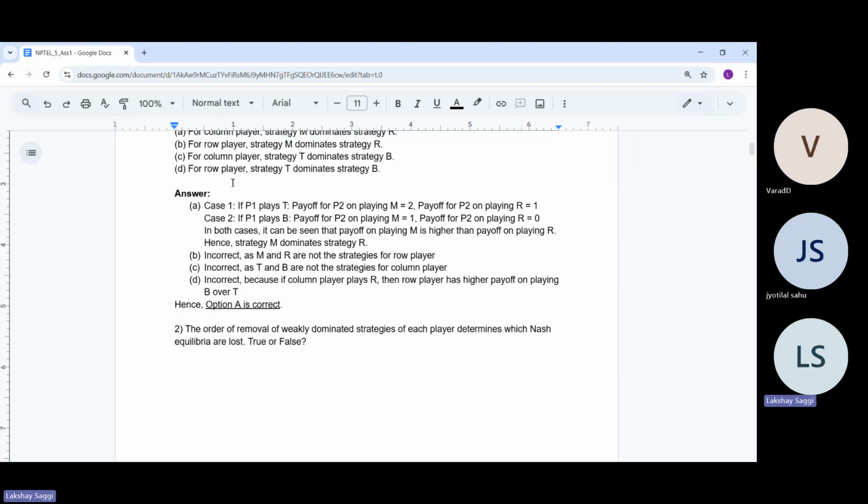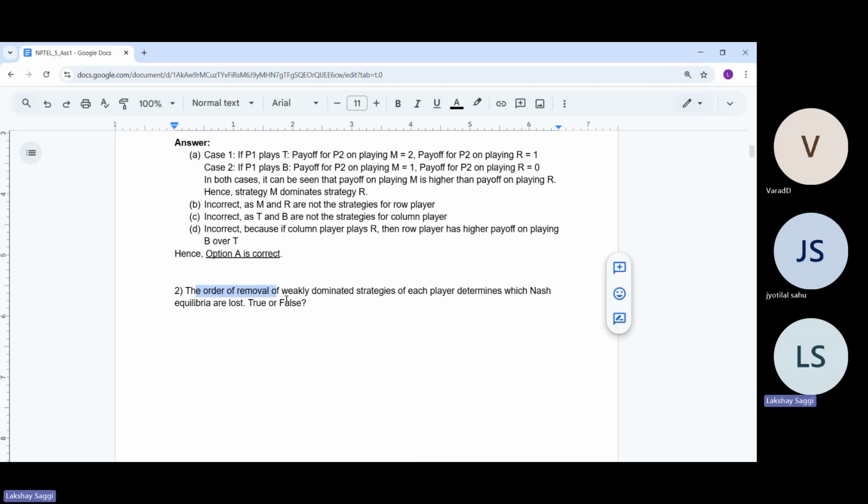So what does the second question say? The second question says that the order of removal of weakly dominated strategies of each player determines which Nash equilibria are lost. So is this statement true or false? I hope you guys remember what a weakly dominated strategy is and what a strongly dominated strategy is.